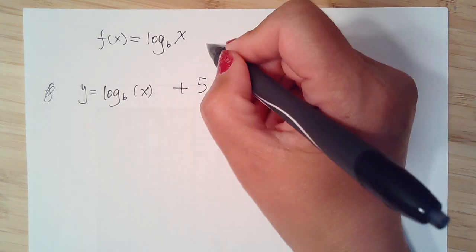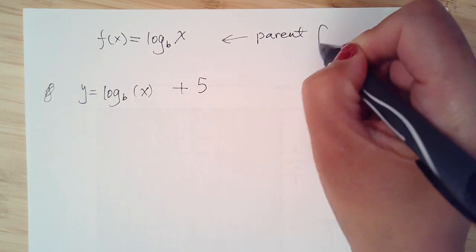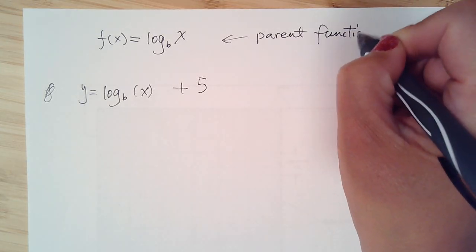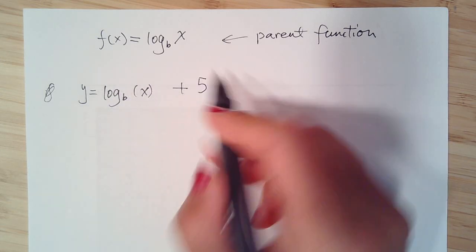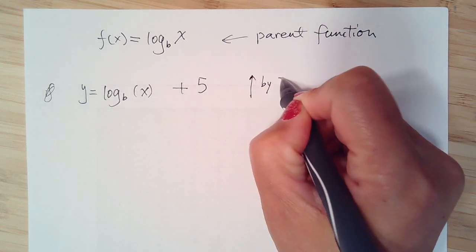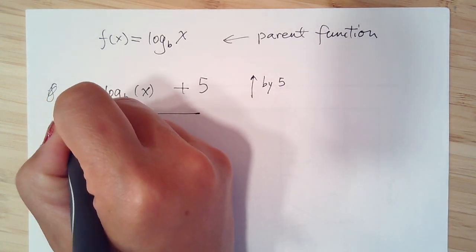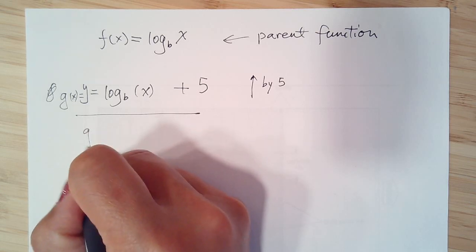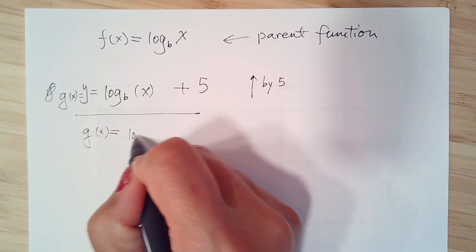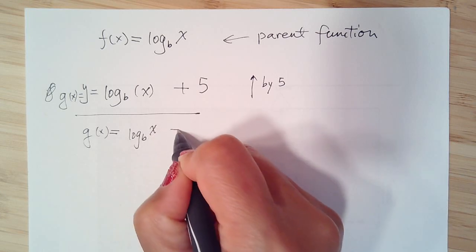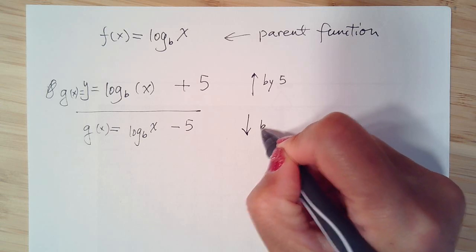So if you have the graph of this parent function, in order to do that you take the parent function and shift up by 5. And then one more, g of x equals log base b of x, minus 5. So that's just shifted down by 5.